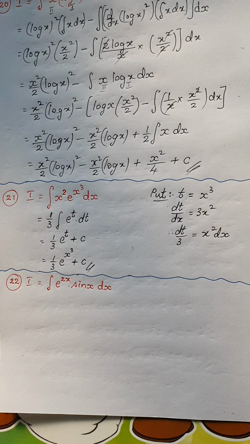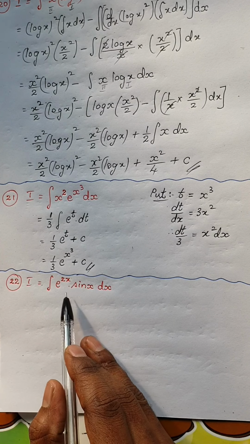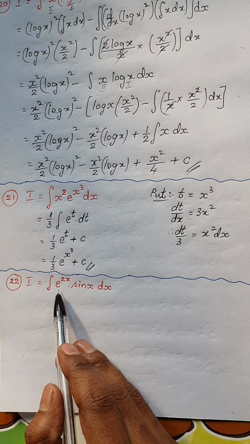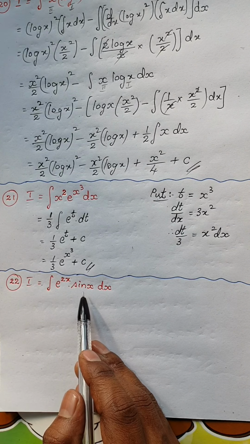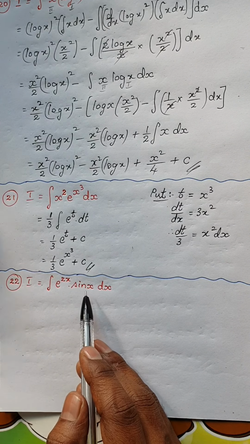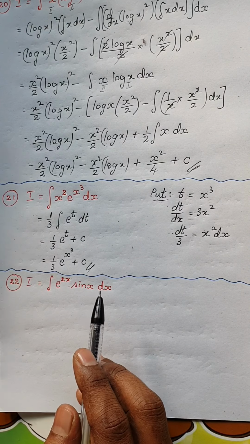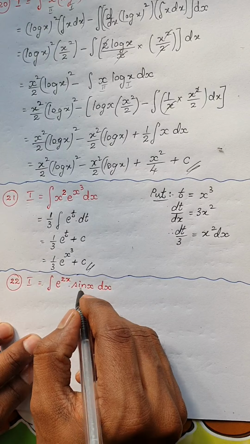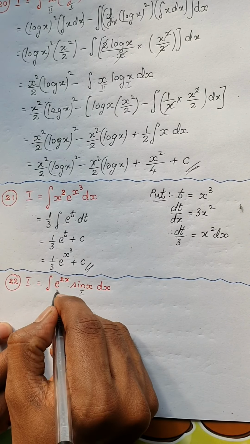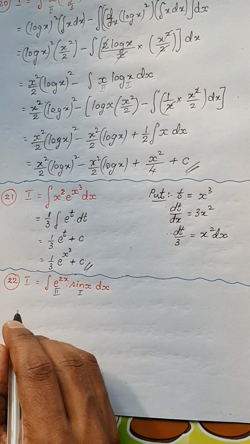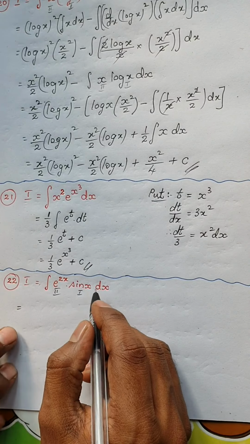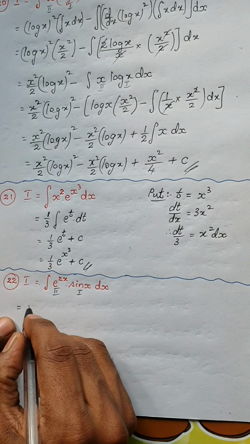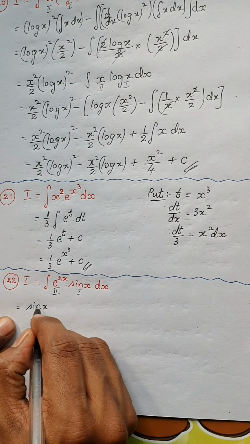So the next integral we have is integral of e power 2x into sin x dx. We have an exponential function and a trigonometric function. So according to our process, we will consider the sine function, that is the trigonometric function, as the first function and e power 2x as the second function. So this becomes, keep the first function, sin x, as it is.